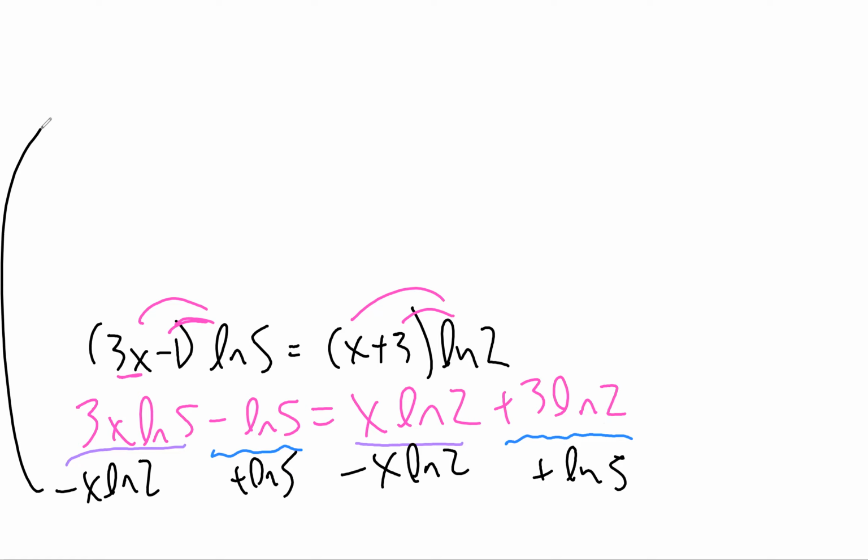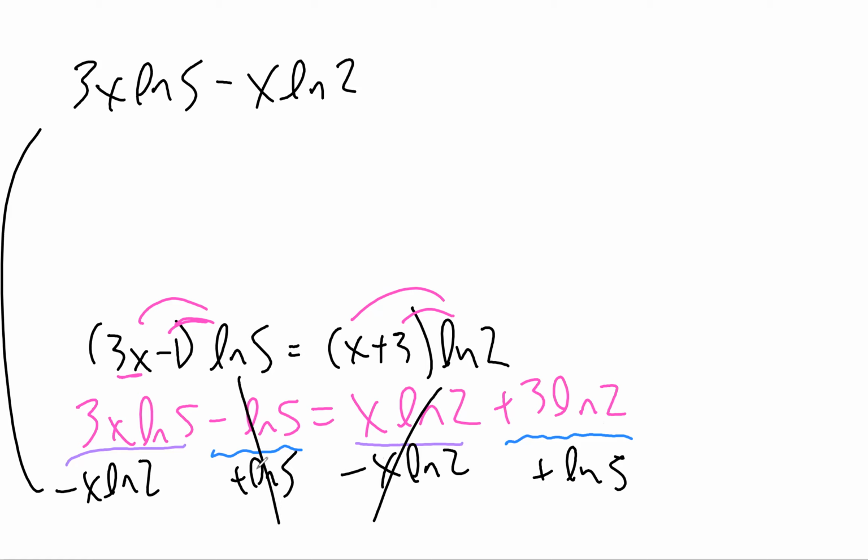So what that's going to give me on the left-hand side is 3x ln of 5 minus x ln of 2. And then, of course, this is going to be gone, equals 3 ln of 2 plus ln of 5. So basically what we've done is we've picked two terms up and we've swapped their locations.